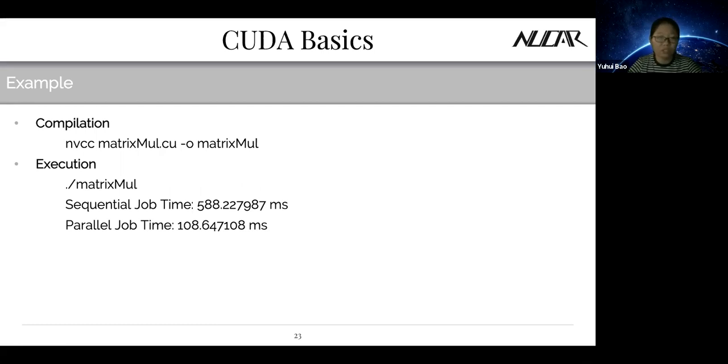When it generates the executable, you can run it. In the main function, it does two things: one is the matrix multiplication using the CPU, and the other is doing it using the GPU. That's why you get two times here.